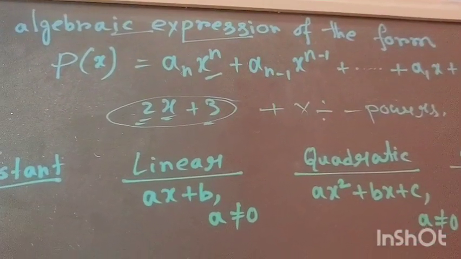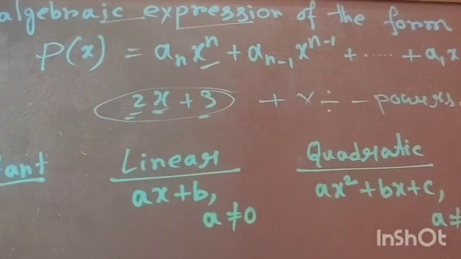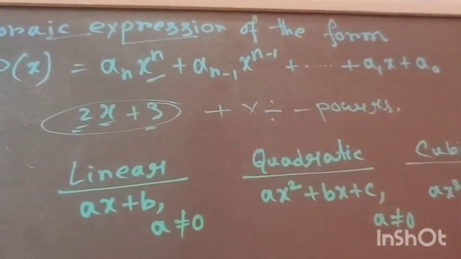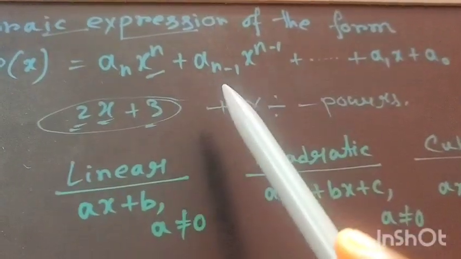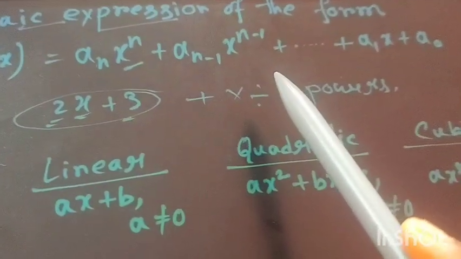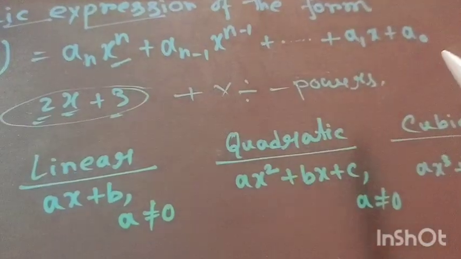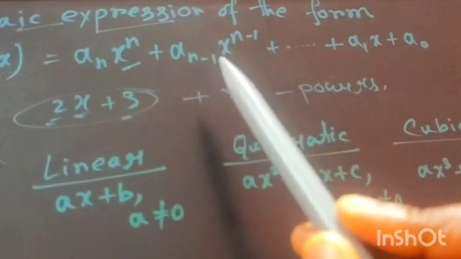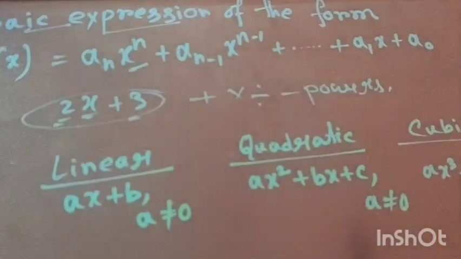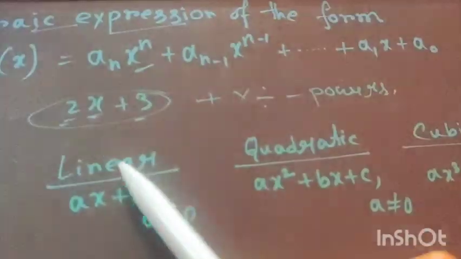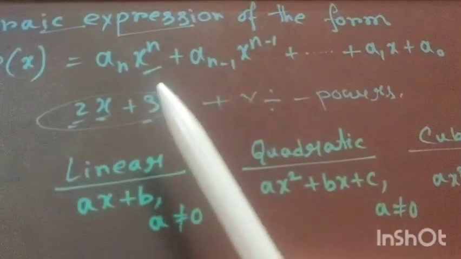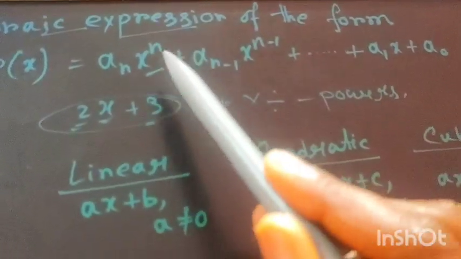Now, what is the difference between a polynomial and an algebraic expression? A polynomial expression is of the form a_n x to the power n plus a_(n-1) x to the power n minus 1 plus ... plus a1 x plus a naught, where a_n, a_(n-1), a1, a naught are real numbers, like 2, 3, 4, 5, and x is the variable.